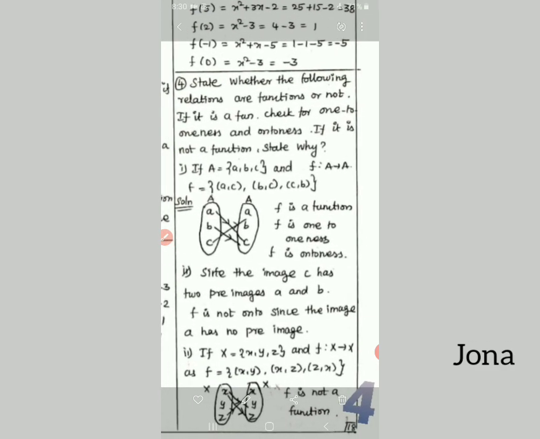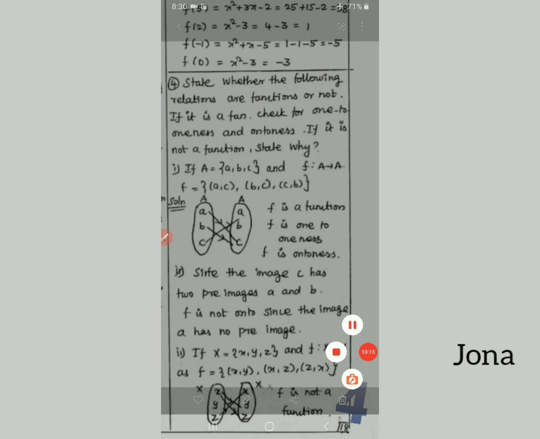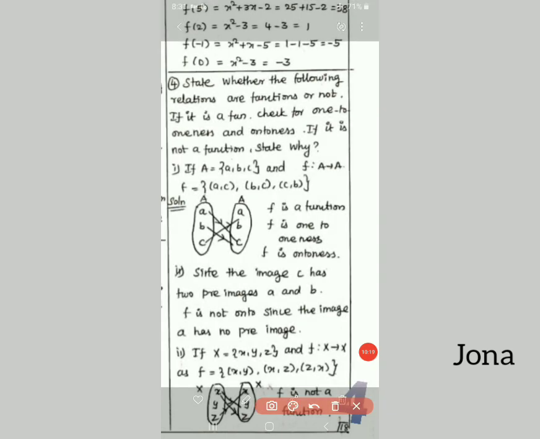The next one: state whether the following relations are functions or not. If it is a function, check for one-to-oneness and onto-ness. If it is not a function, state why.